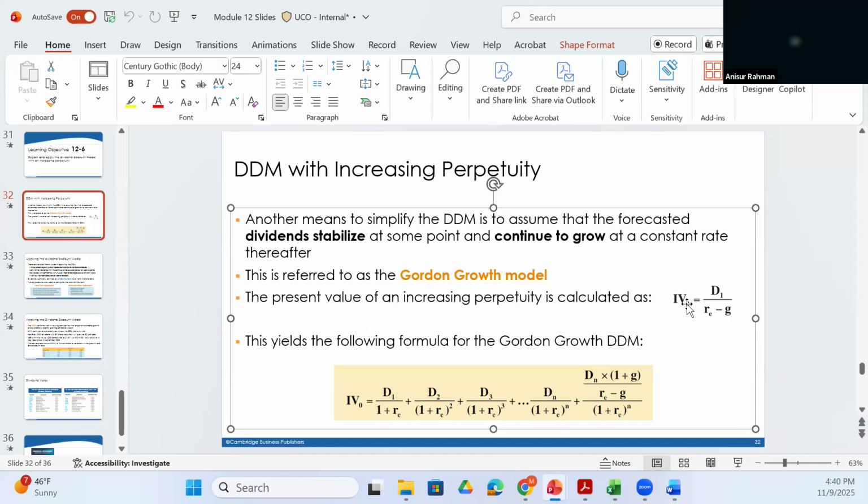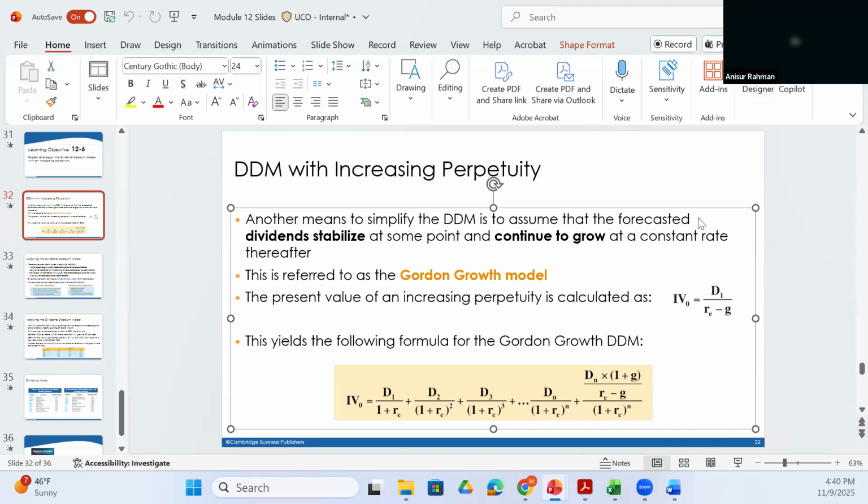So this 0 means we can find out the present value, sum of the present value of all future cash flows happening from D1, that means after year 1. And then year 2, year 3. So we can find out at this point, 0, and we need the cash flows happening from year 1 and into perpetuity.